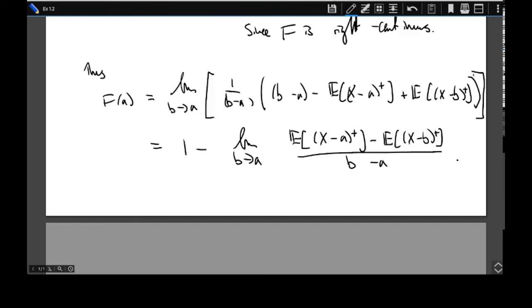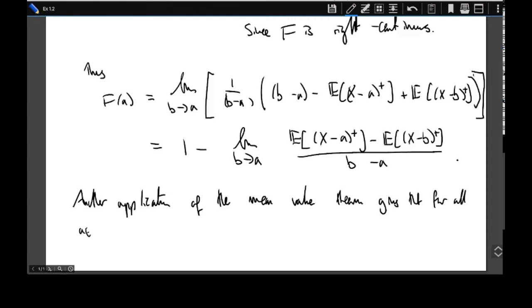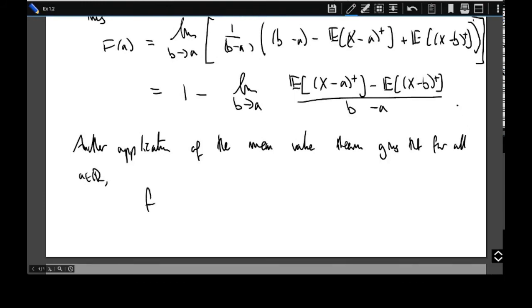Now I want to show the same for little f. So another application of the mean value theorem gives that for all real numbers, f(a+) is equal to the limit as b goes to a of the integral between a and b, just using exactly the same logic as we had before, which should be, of course, 1 over b minus a in there.